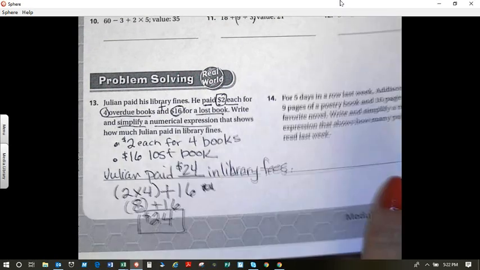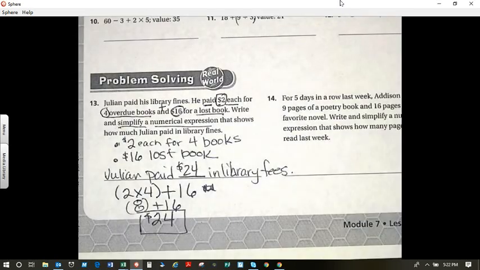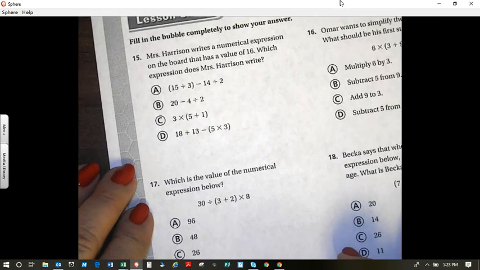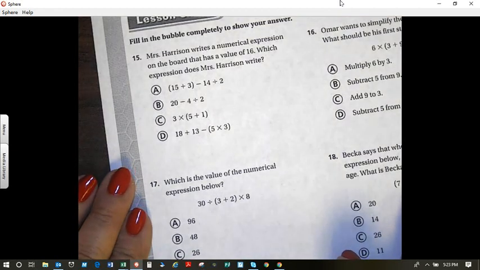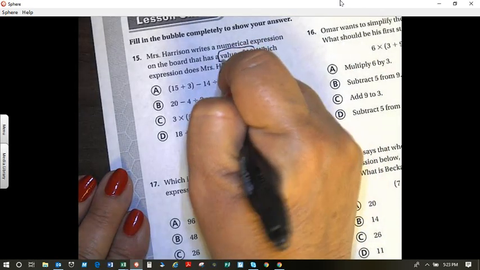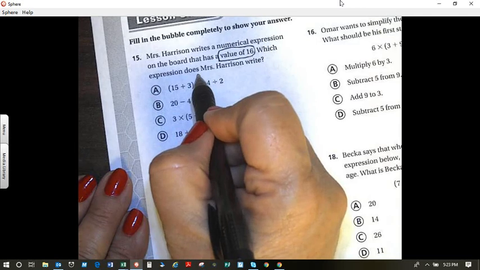Let's flip it over. Actually, I don't need to flip over because I have 2 pages. I'm just trying to look for my next page. We have 3 more problems left, and then you're ready to go enjoy the evening. Mrs. Harrison writes a numerical expression that has a value of 16. Which expression does Mrs. Harrison write?